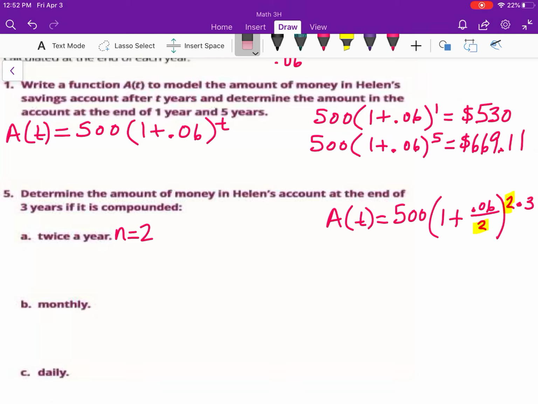So when you throw that into your calculator, you end up with $597.03. I'm making sure: parenthesis 1 plus 0.06 divided by 2.